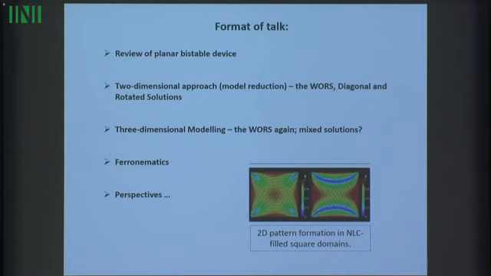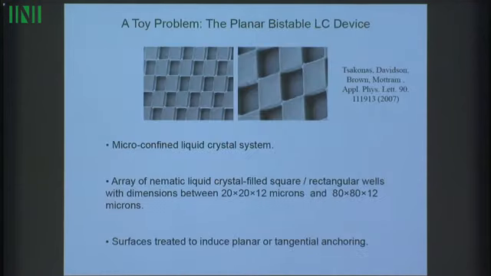Then I'm going to talk about a fully 3D model, a three-dimensional model, and the differences between the 2D and the 3D framework. And finally, if I have some time, I'd like to talk about some more recent work on ferronematics, which has been done as part of my DST UKIERI project with IIT Delhi in India, and then just some future perspectives.